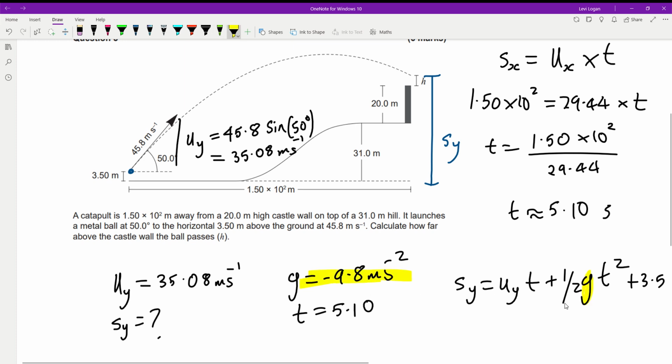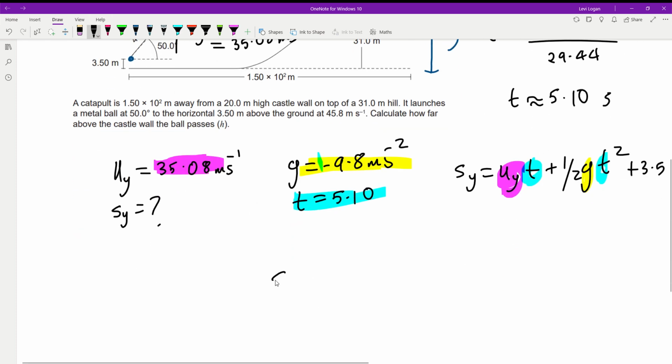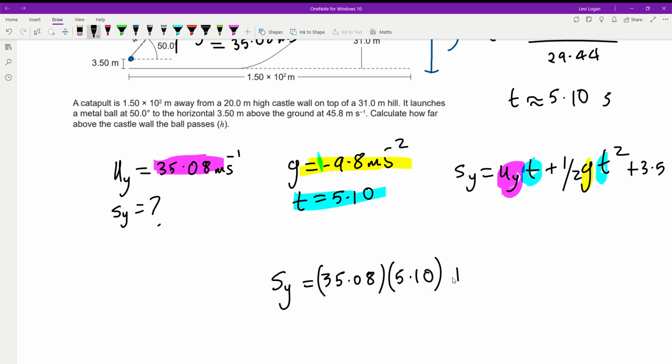That number goes into there, this number goes into there and there, and then this number, let's use pink, would go into there, okay? So your s of y, that blue physical displacement, would be 35.08 times 5.1 plus a half times negative 9.8 times 5.1 all squared plus 3.5, okay?